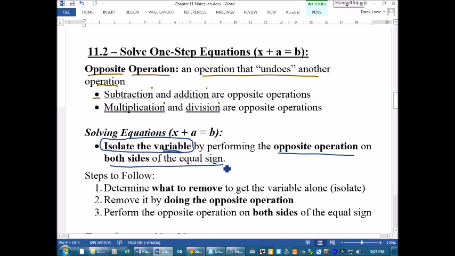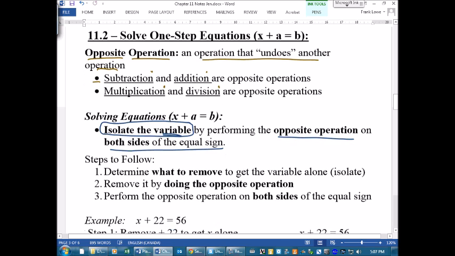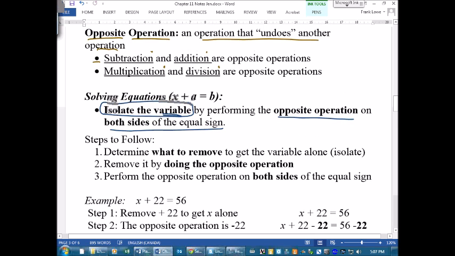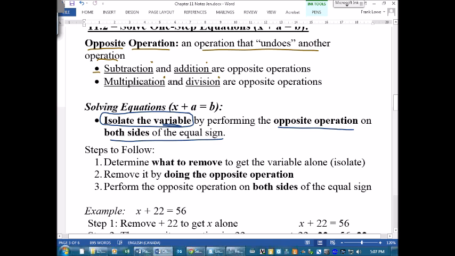Now, I'm going to show you, verbally and through this list here, the steps to follow in order to do that. Step one, you're going to figure out what you need to remove to get the variable alone, or as I mentioned, isolated.